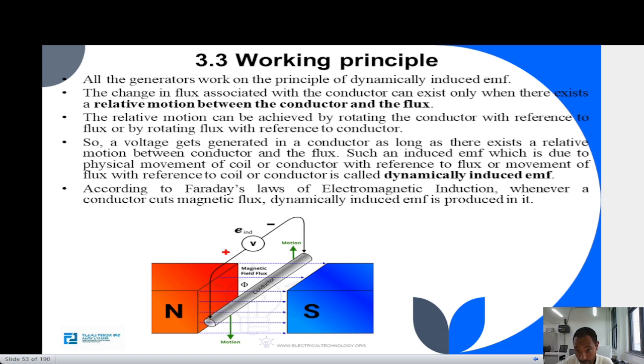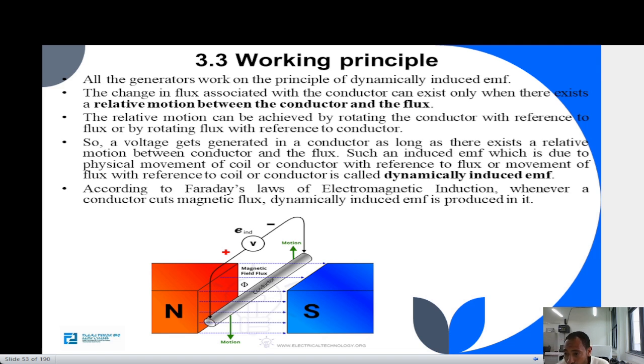So we call it relative motion. Therefore, this relative motion can be achieved by rotating the conductor with reference to flux, or by rotating the flux with reference to the conductor. So voltage gets generated in a conductor as long as there exists a relative motion between the conductor and the flux, by Faraday's law.